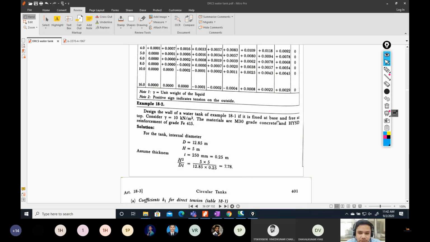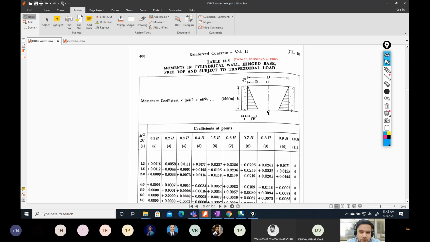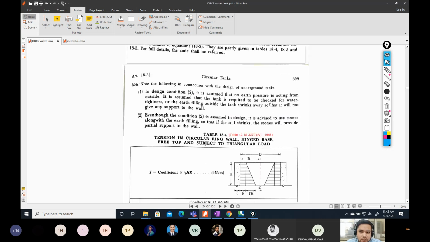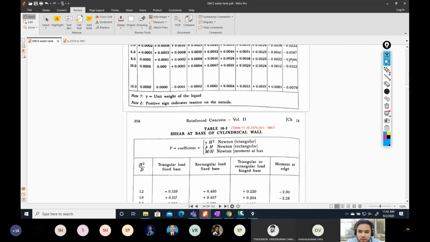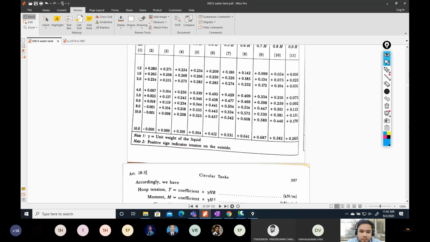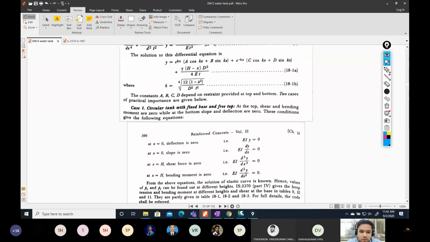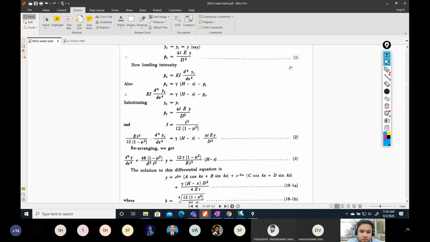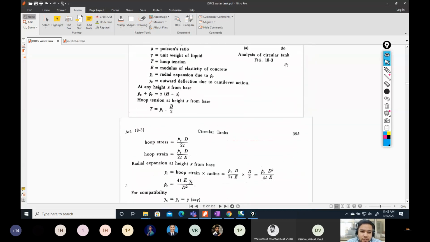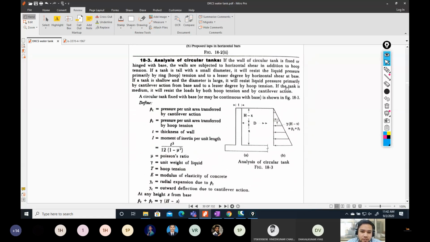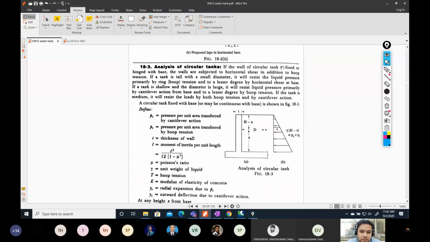It is fixed at the base and free at the top. The example 18.1 was with flexible joint. If you remember, we have solved the same example using flexible joint or sliding joint. Now, in this case, we will be considering the rigid joint with fixed base and free top.